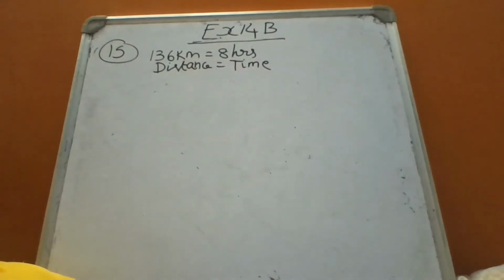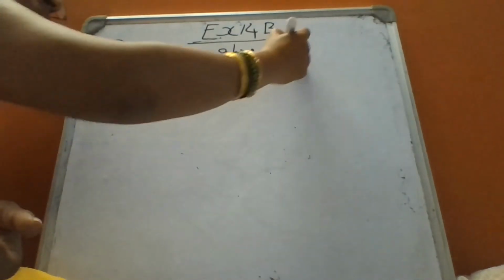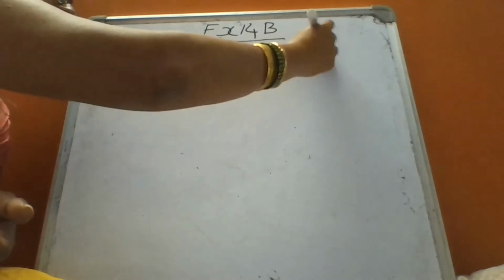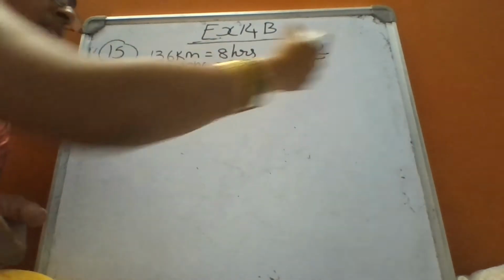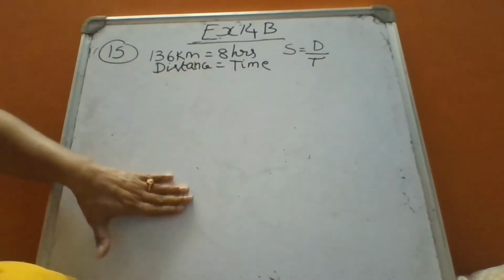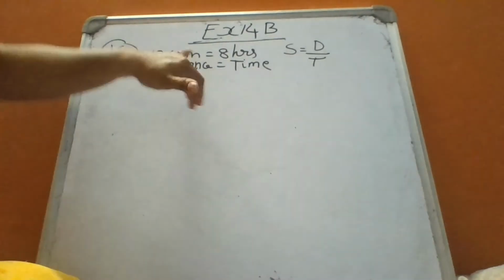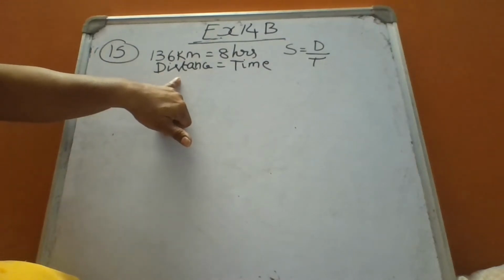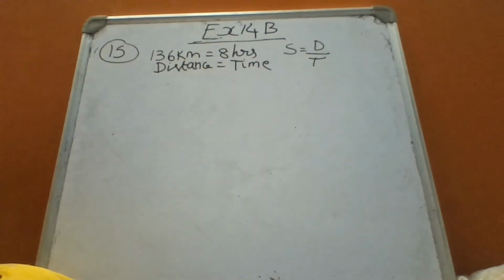What is the relationship between distance and time? You know that speed is equal to distance by time. That is the relationship we are using in this question. So, the distance covered is 136 kilometer, time taken is 8 hours.